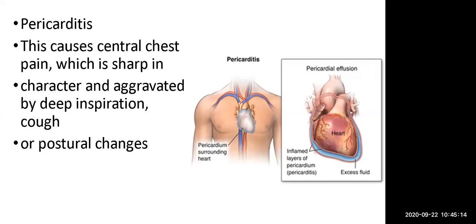It causes central chest pain, which is sharp in character and aggravated by deep inspiration, cough, or postural changes. So you see, in these situations your pain also will be sharp, but it will change its character with inspiration, and the other symptoms of pericarditis you will see.